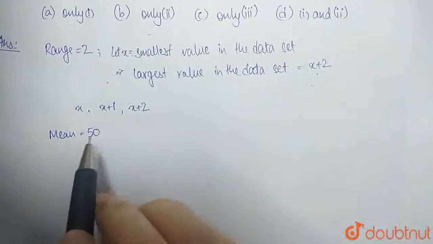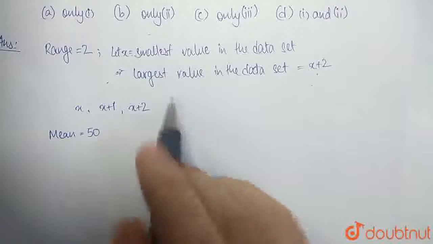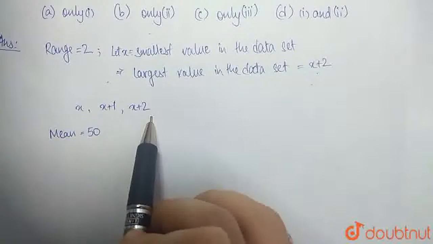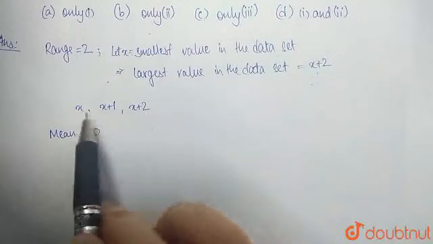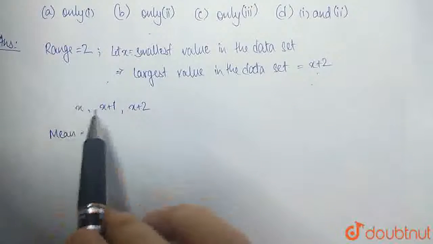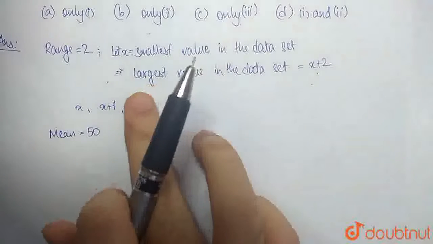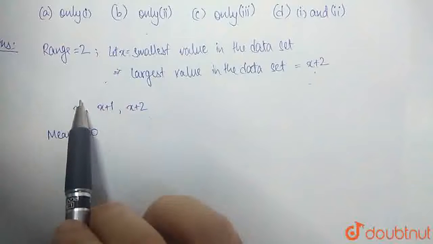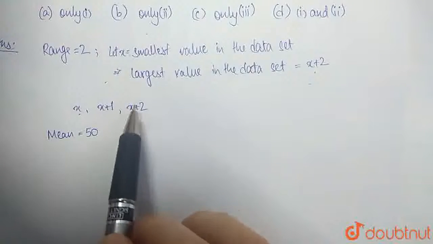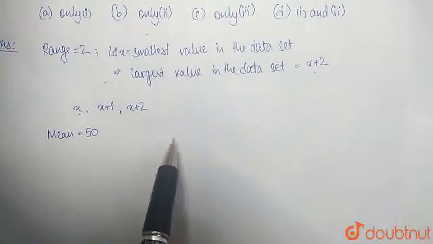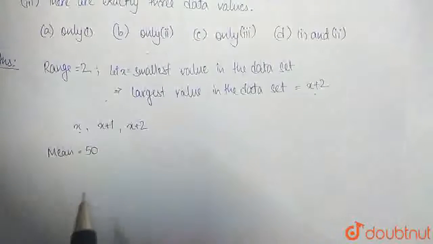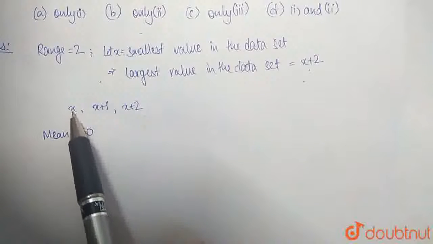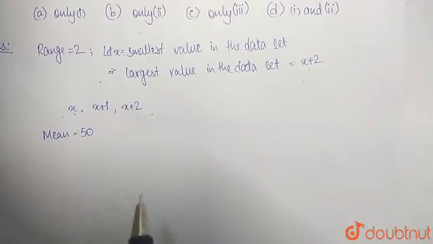First of all, the dataset must include x and x plus 2 in it at least once, because without these the range would never be defined as 2. Suppose the dataset just contains x and x plus 1, then the range would have been x plus 1 minus x, which is 1. Similarly, x plus 1 and x plus 2 can't be the only ones in the dataset. Again, for the same reason, the range would then be 1. So to keep the range 2, the outermost values x and x plus 2 must be present in the dataset, right?